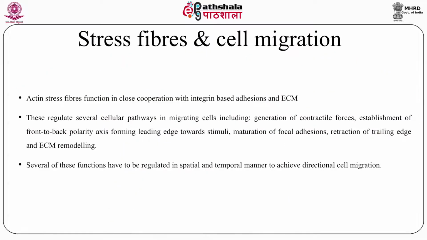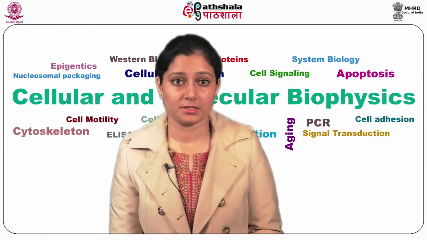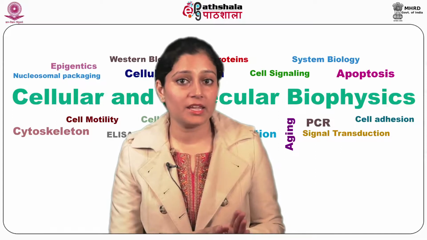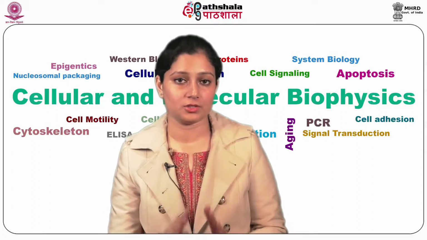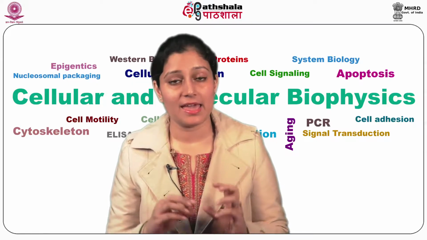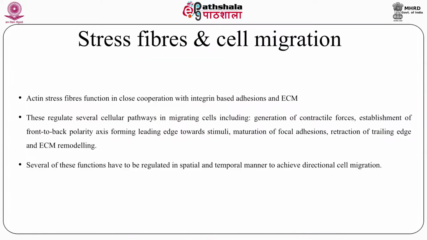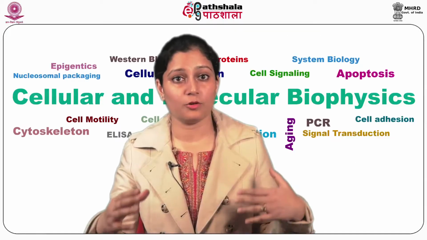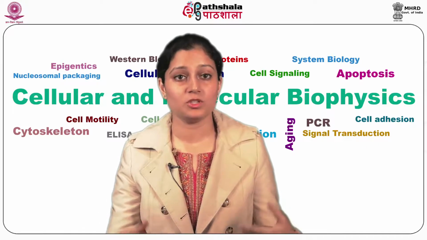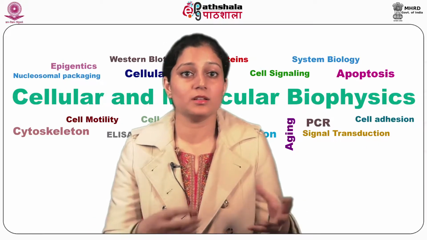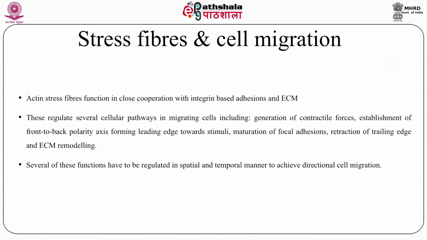Let us understand the role of stress fibers in cell migration. Actin stress fibers function in close cooperation with integrin based adhesions, which are the focal adhesions, and extracellular matrix. They regulate several cellular functions in migrating cells, including generation of contractile force, the establishment of front to back polarity axis, which helps in forming the leading edge towards stimuli, and maturation of focal adhesion, which leads to retraction of the trailing edge.